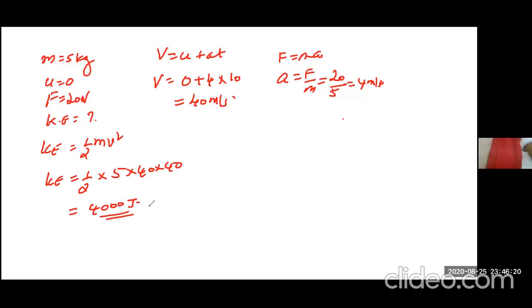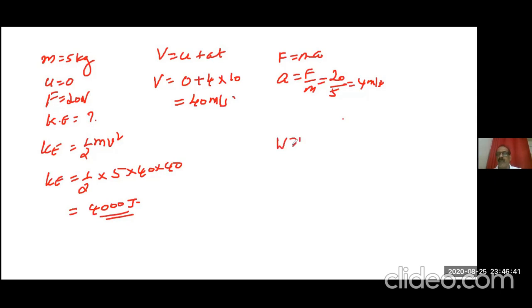Sir, it should be kilojoules because mass is in kg. Why are you telling kilojoules?